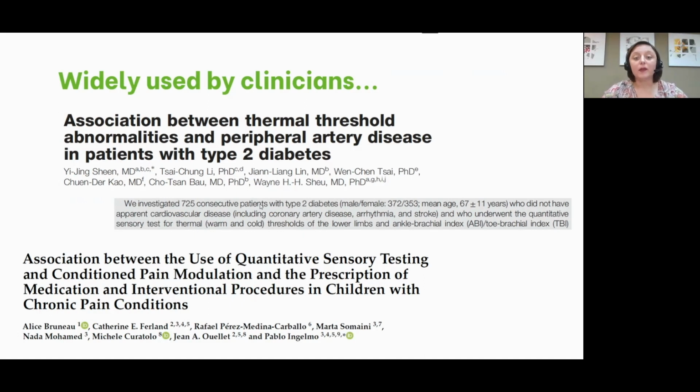And they use Qsens for everything. They use it for temporal summation, for QST, and as a test stimulus in CPM. In this paper, they did a retrospective analysis of clinical data collected over years, and they demonstrated that it really helped to reduce both pharmacological and interventional treatments and be more precise in assessing the treatment for children with chronic pain in this case.